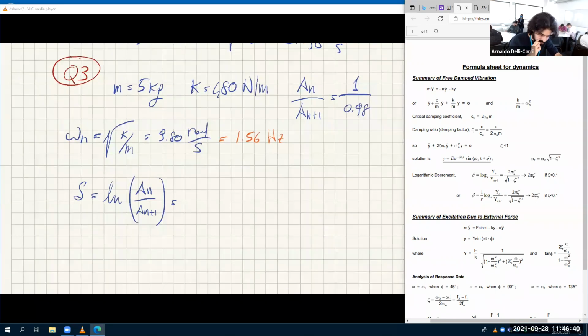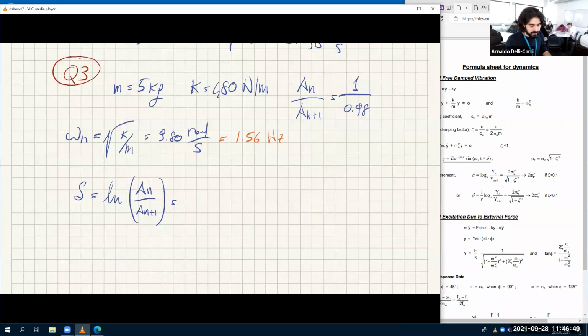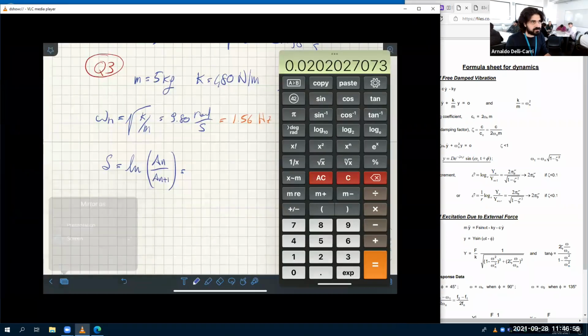The log of this thing is, I have to use log e, not log 10. You're not seeing it. Now you see it.